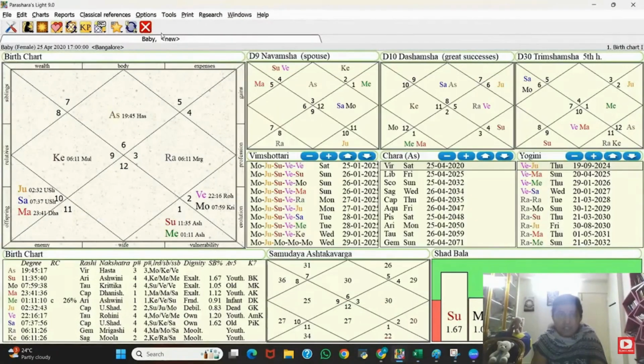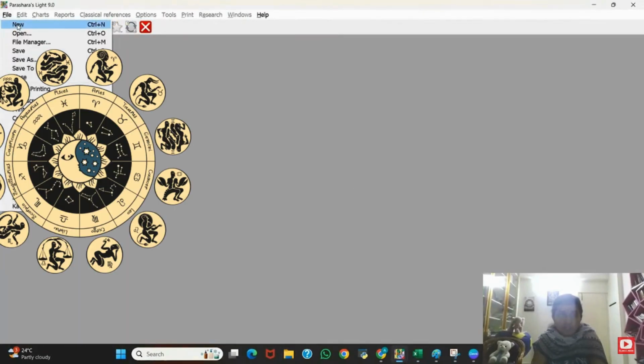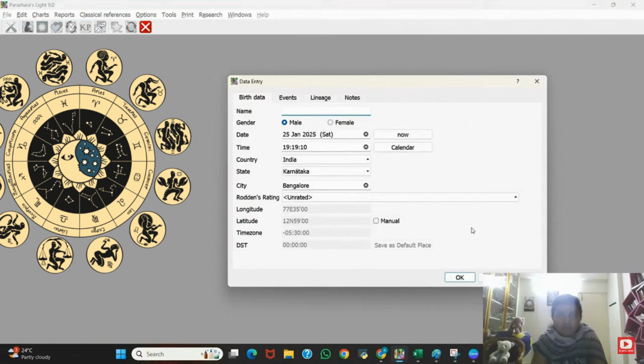So let me first do it again from the start, so that people will not have any confusion. So here, if I put for the baby which is born, any baby, male or female, it doesn't matter.